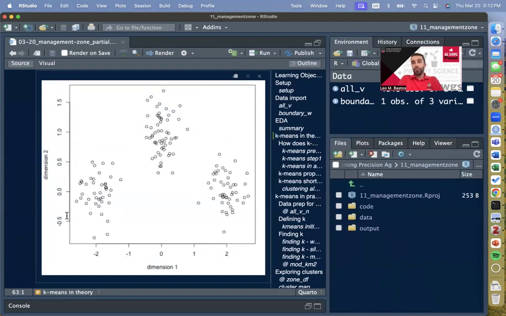Maybe dimension 1 could be soil EC shallow, and dimension 2 could be elevation. Just think of them as 2 variables. And in this picture, we're seeing a plot of the relationship between that x and that y variable. Now, if you were to visually tell me how many groups you think there are in this 2-dimensional data set, how many would you say?